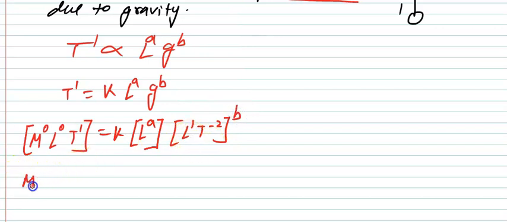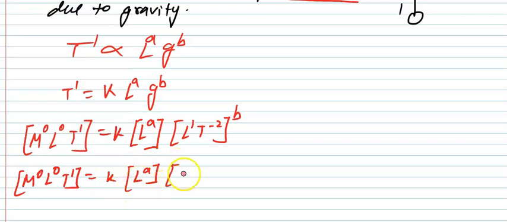Now, what we need to do? m to the power 0, l to the power 0 and t to the power 1 is equal to, simplify this one, you will get l to the power a, here l to the power b and t to the power minus 2b, right?